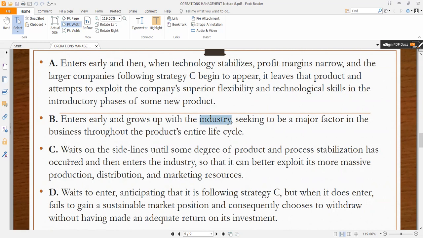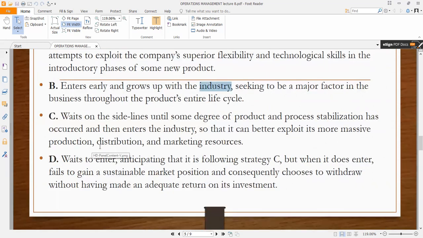Now, C waits on the sideline until some degree of product and process stabilization has occurred, and then enters the industry so that it can better exploit its more massive production, distribution, and marketing resources. Here, of course, we're talking about waiting.